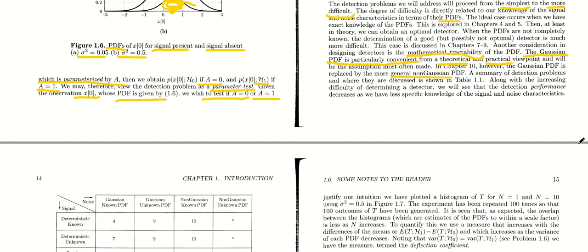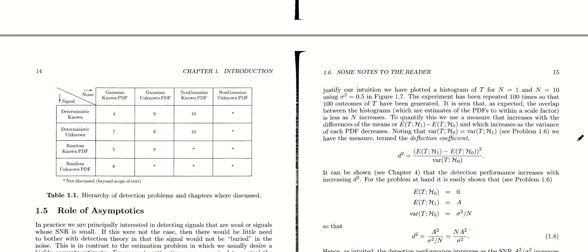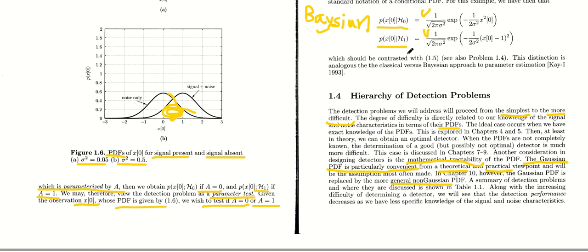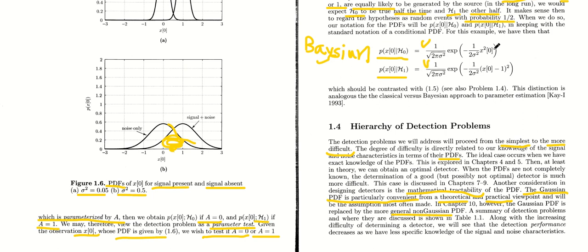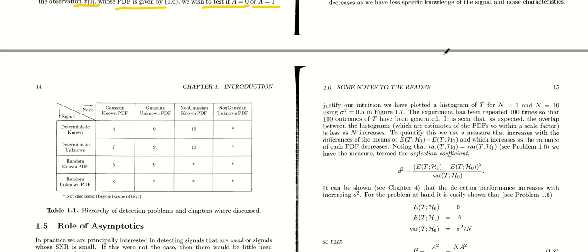So if we look at the type of problems, we look again at the thing we have. We have a hypothesis that has zero mean, and this one has a mean, and it's Gaussian, and the statistics, which are the mean and variance, are known, right? All those are assumptions.